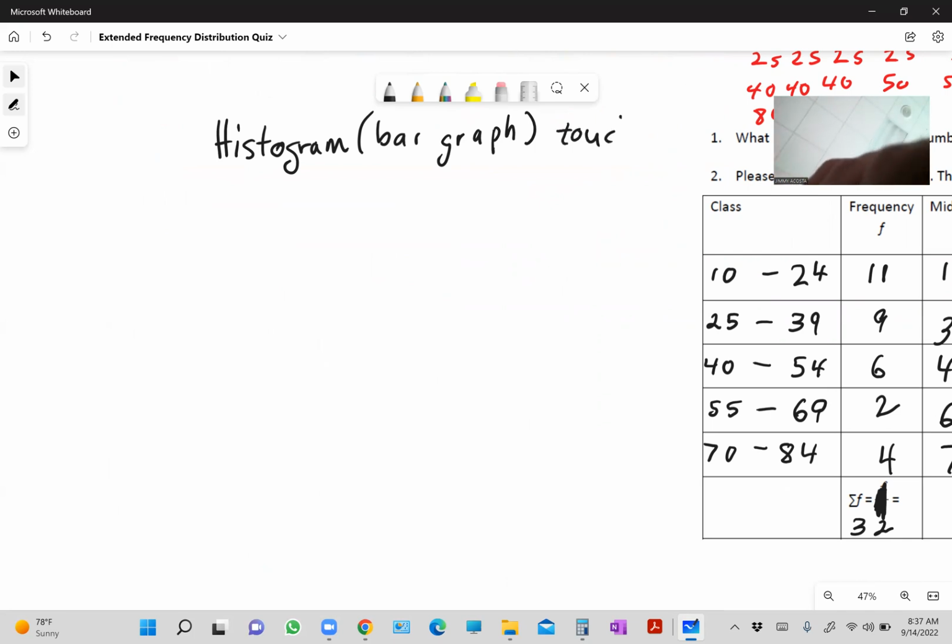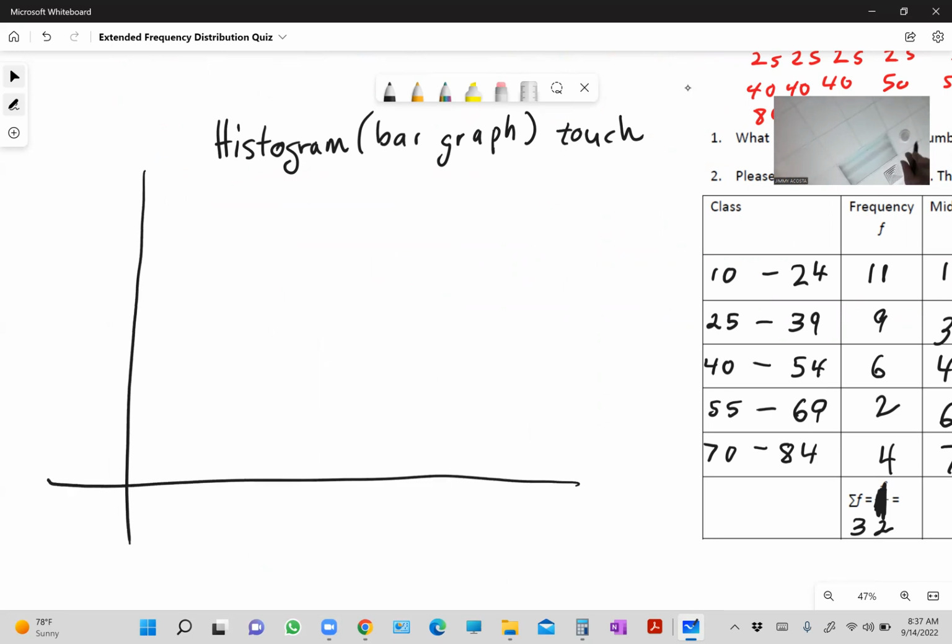The bars have to touch. And the reason they have to touch is because we use histograms to represent quantitative data. And amongst quantitative data, the numbers are continuous, usually. And we want the bars to touch.